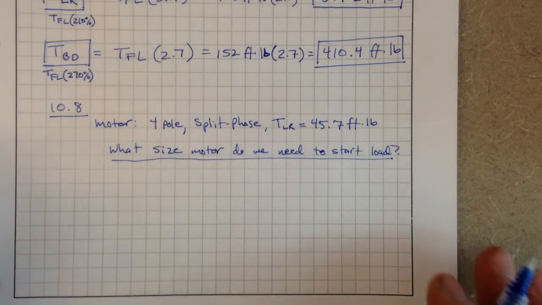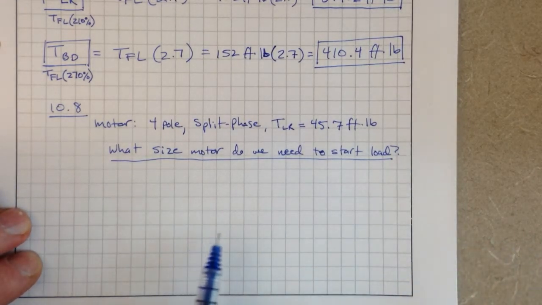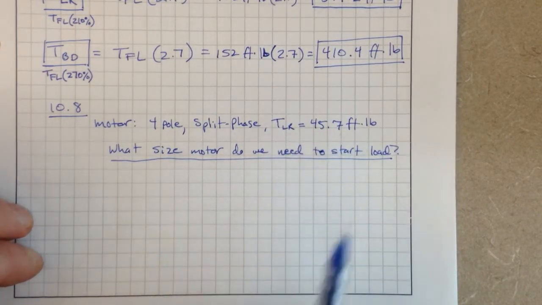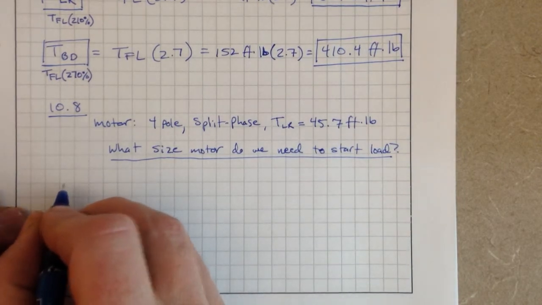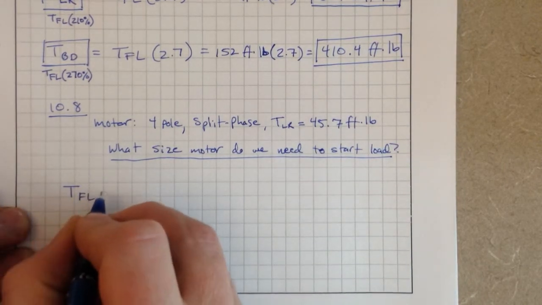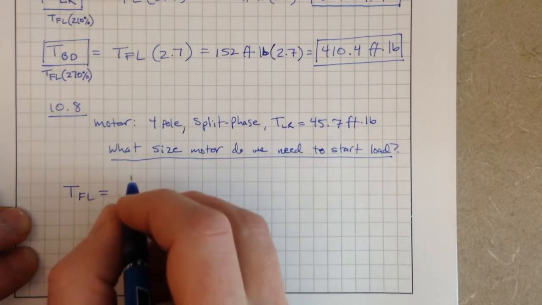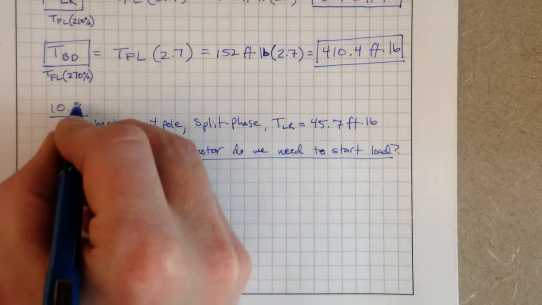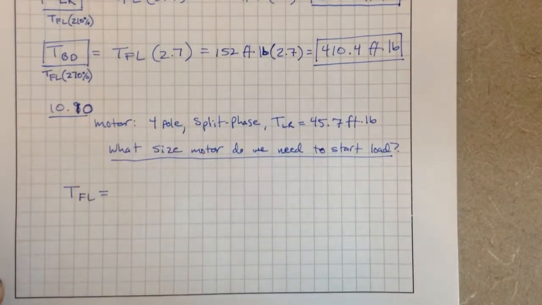We want to find our full load torque first, and then we can figure out what our horsepower is for the full load. Right now we have a locked rotor torque. So to find our full load torque, the relationship here is, and this is actually 10.10, so that's my mistake.